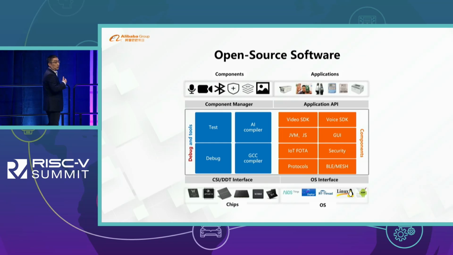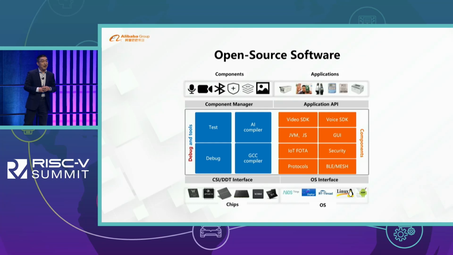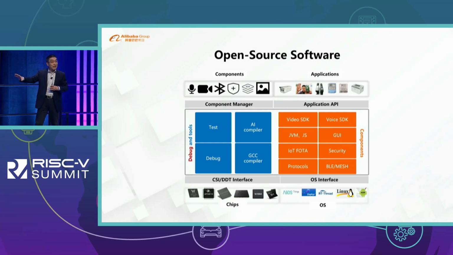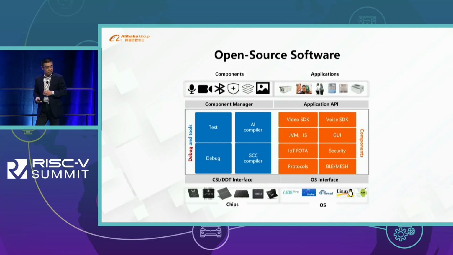We also make them open source. You can download them from GitHub. At the right-hand side, based on the OS, we have different application APIs, video SDK, all these things which you can use to build your applications in your field.